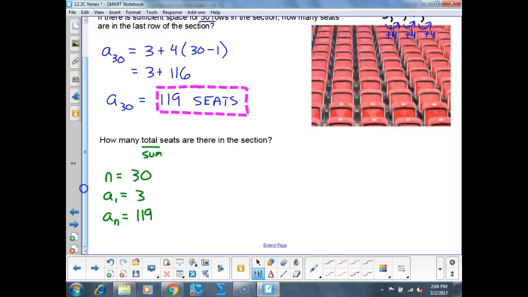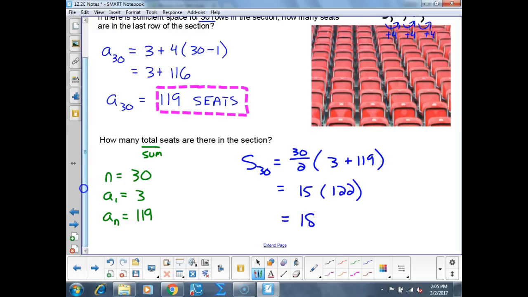So the sum of the 30 rows is 30 divided by 2 times 3 plus 119. That's 15 times 122, which on the calculator gives 1,830 seats in this section of the field house.